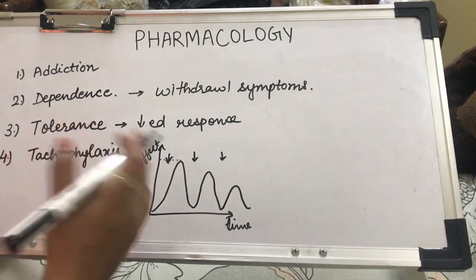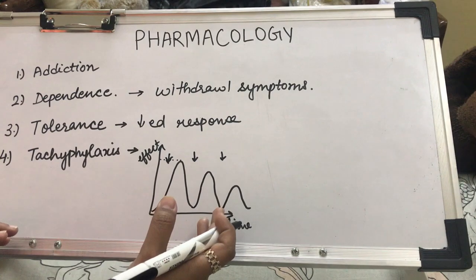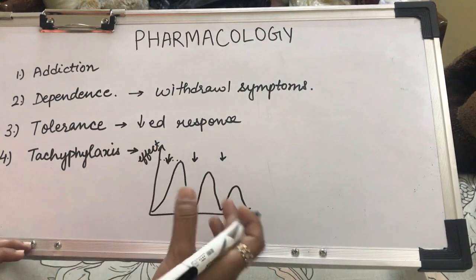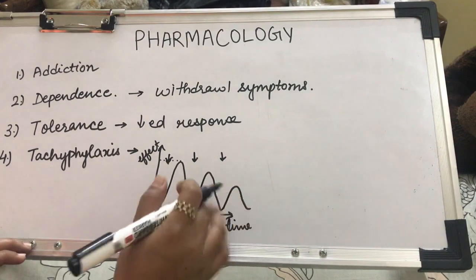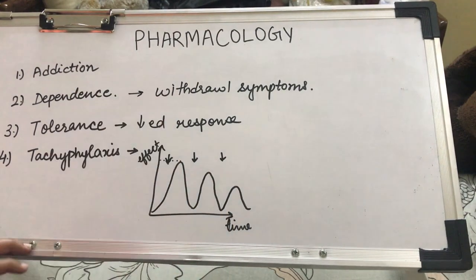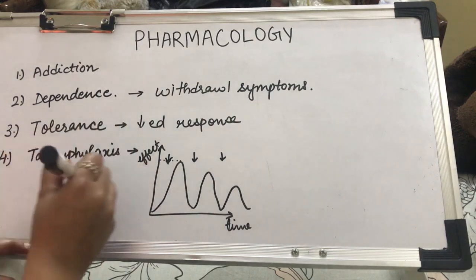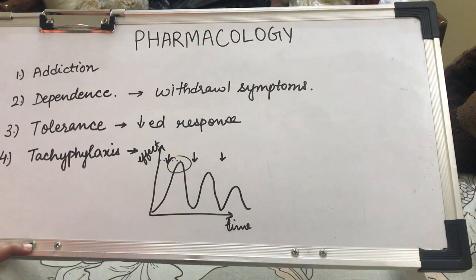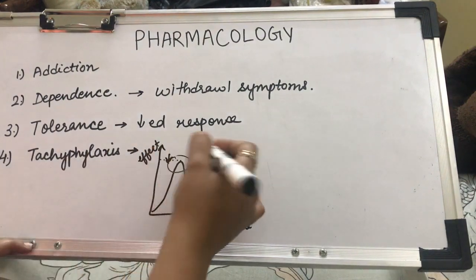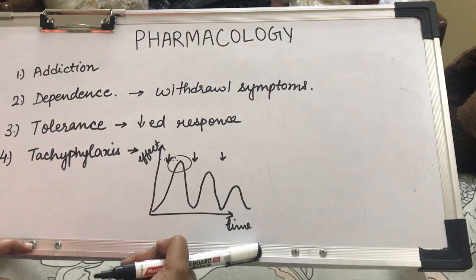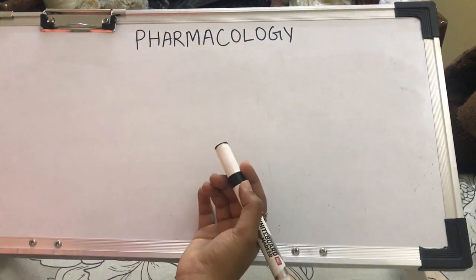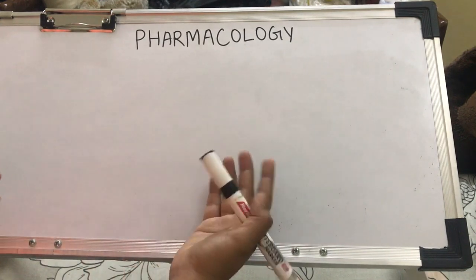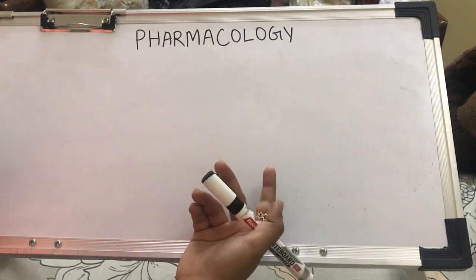So the sudden decrease in response to a drug after its initial administration, or rapid and short-term onset of drug tolerance, is your tachyphylaxis. And how can the original response be restored? This can be done by increasing the dose. So this was a lecture on the introduction and the basic general pharmacological principles.